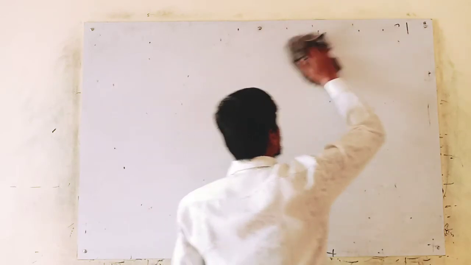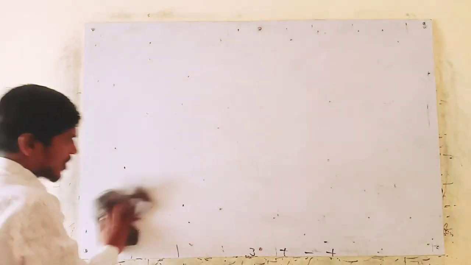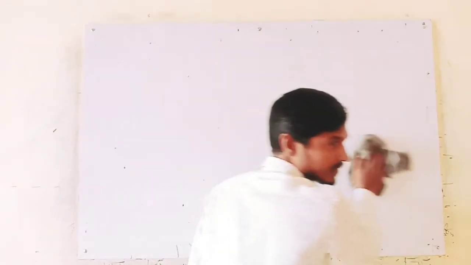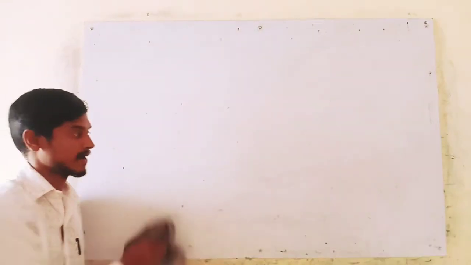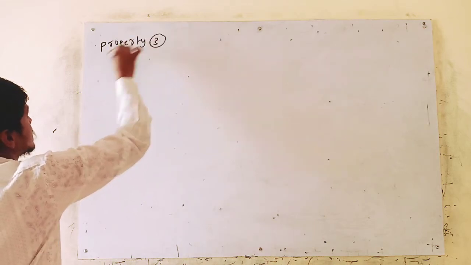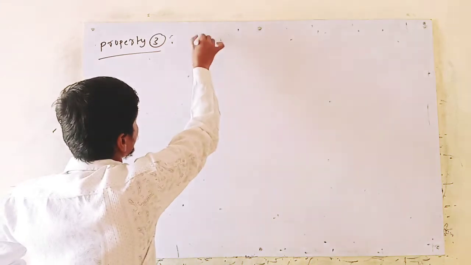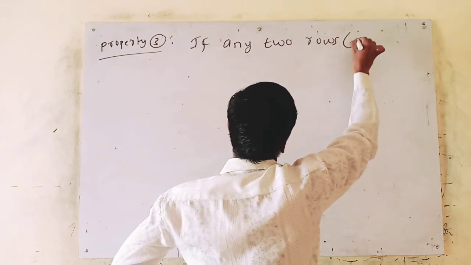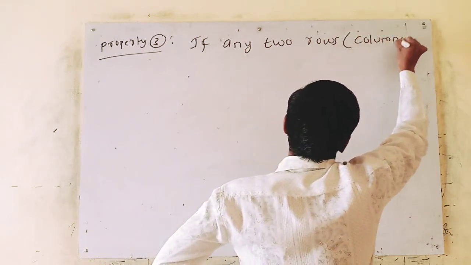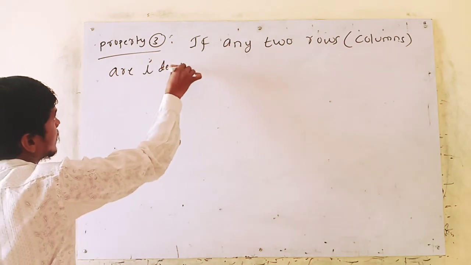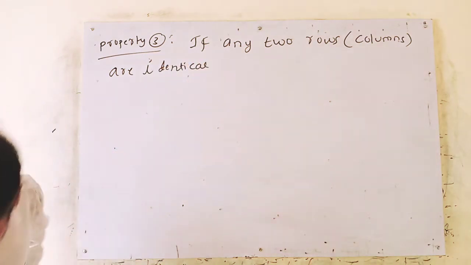Property number 3 says that if any two rows or any two columns are identical, it means corresponding elements are the same.